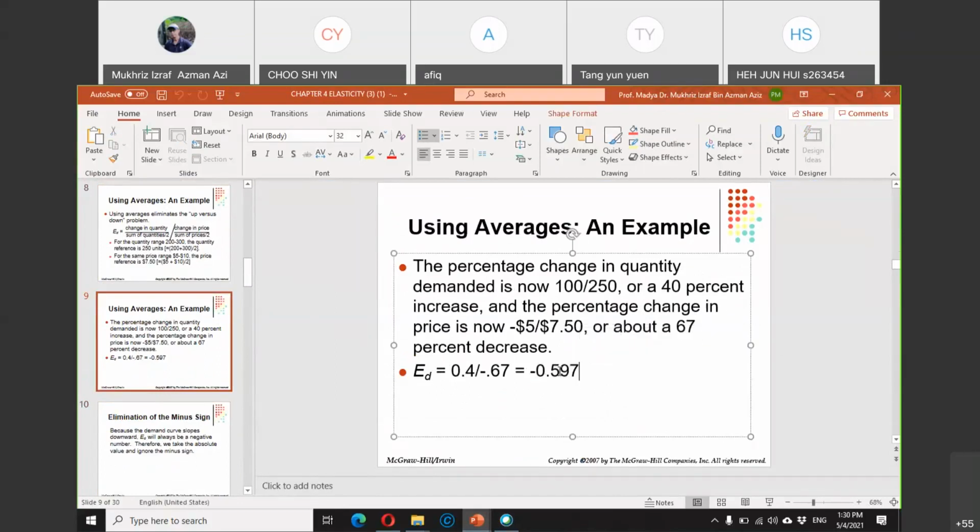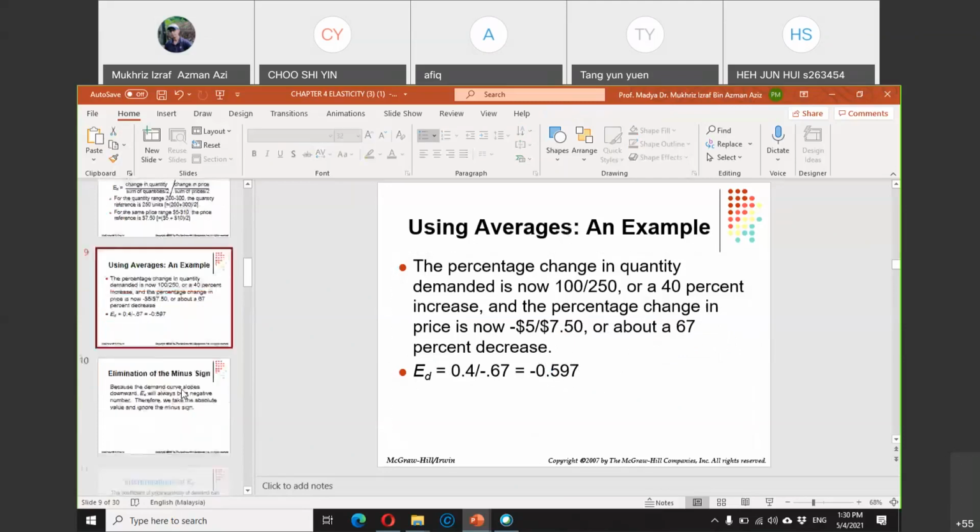This one is 0.5, which is less than 1, and less than 1 means it is inelastic. If I add 1 here, this becomes elastic demand, because the value is of course more than 1. But the original number is 0.59, which is less than 1, so we call it inelastic demand.